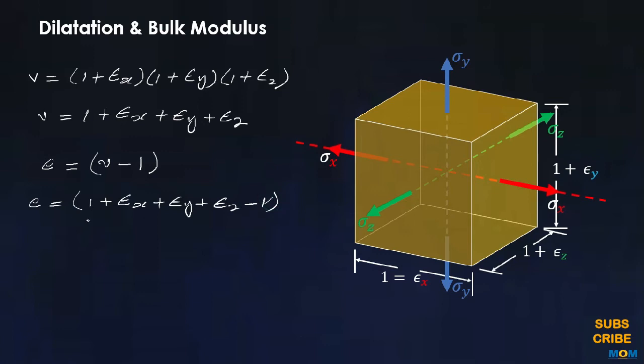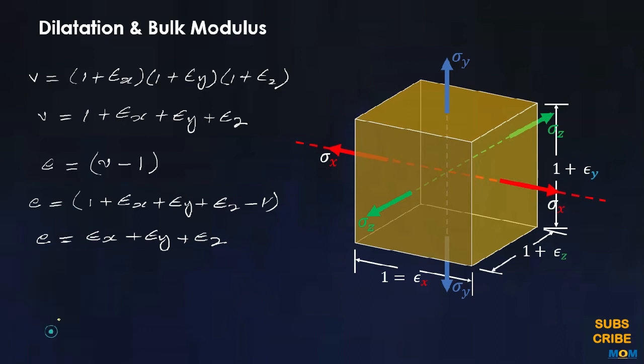Now after cancelling this 1, the final term, that is the change in volume, is epsilon x plus epsilon y plus epsilon z.